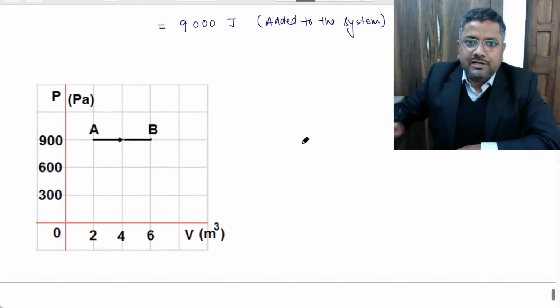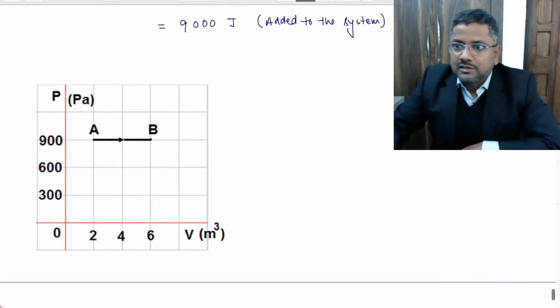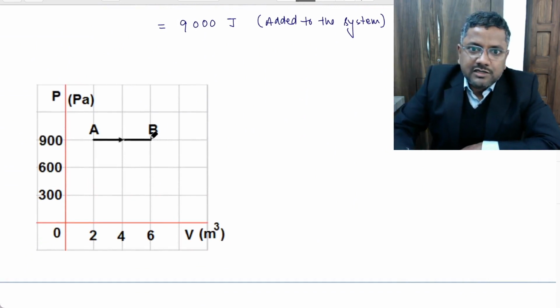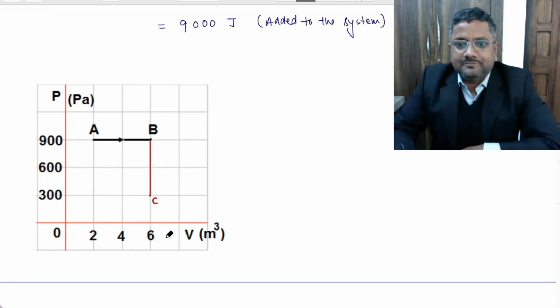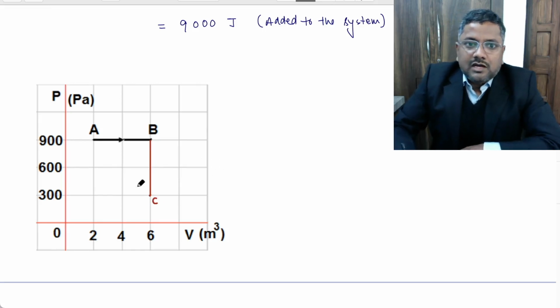So if we drop the pressure to 300 Pascal without change in the volume, this is the point C. And C to A we are moving isothermally.